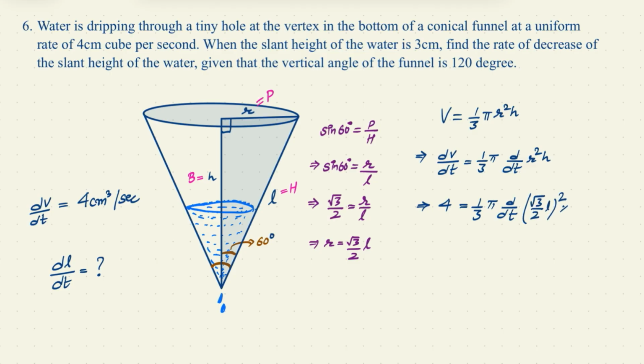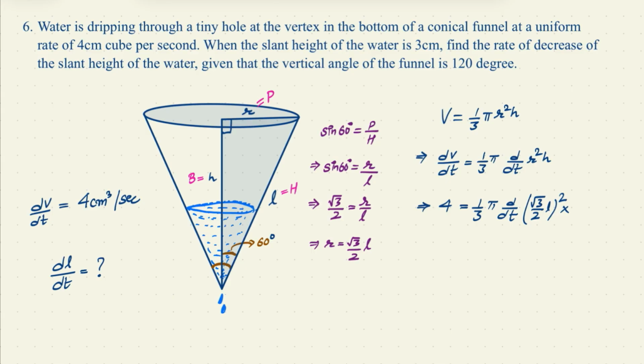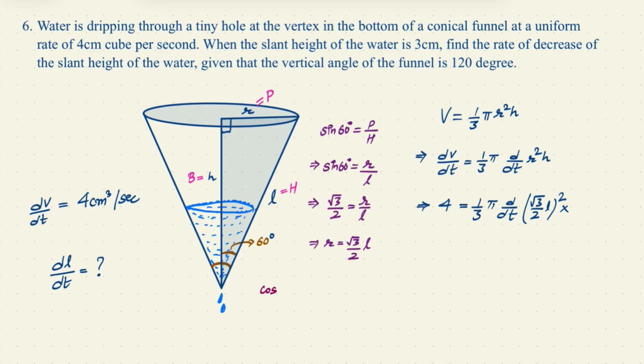whole square into h. Now we will try to find the value of h using the same right angle triangle over here. So in this right angle triangle, if I try to find the value of cos 60 degree, then we know that cos is base over hypotenuse, and the value of cos 60 is 1 by 2, and this equals, now my base is h, the height of the cone, and the hypotenuse is our slant height.